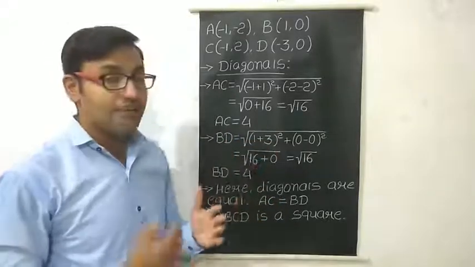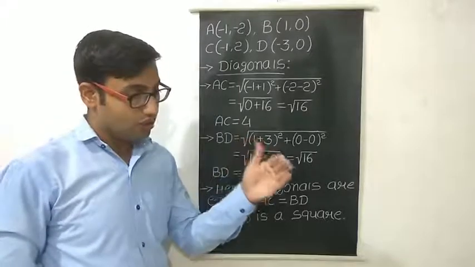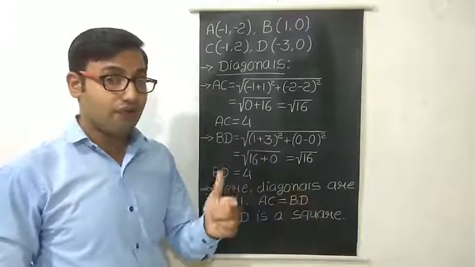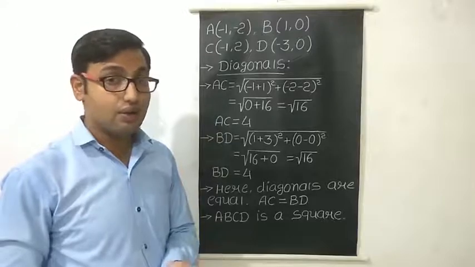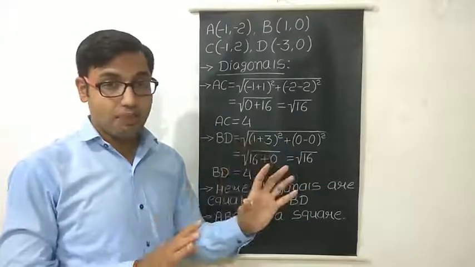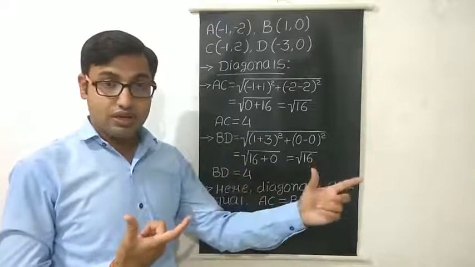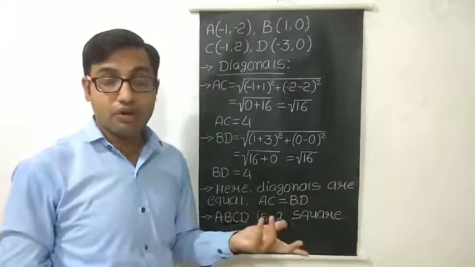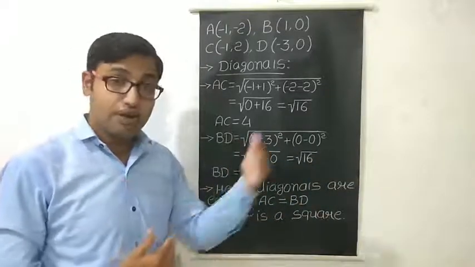This same sum can be asked for a parallelogram and a rectangle, because both have the same property: both the opposite sides are equal. So how can we differentiate between a parallelogram and a rectangle?